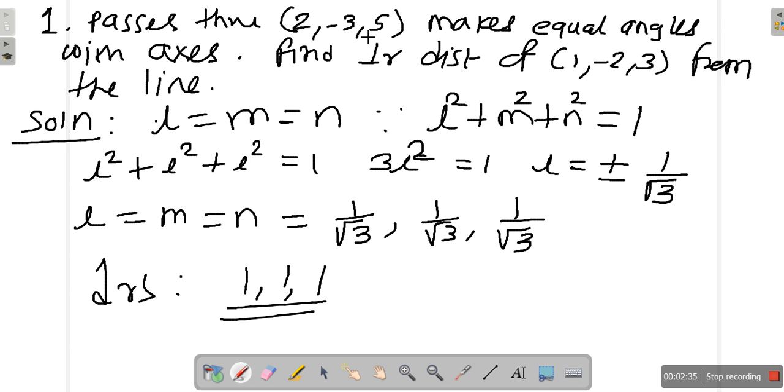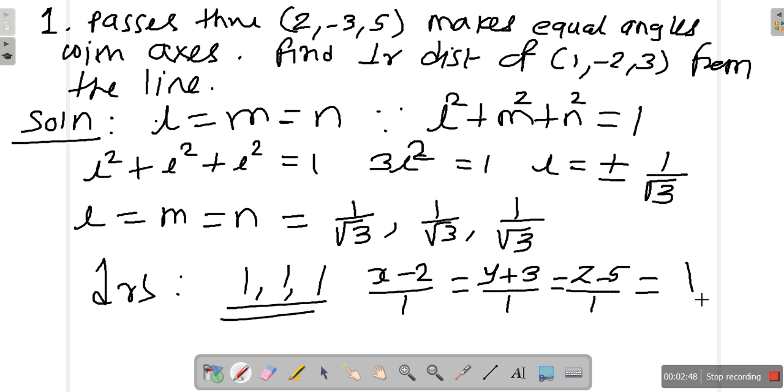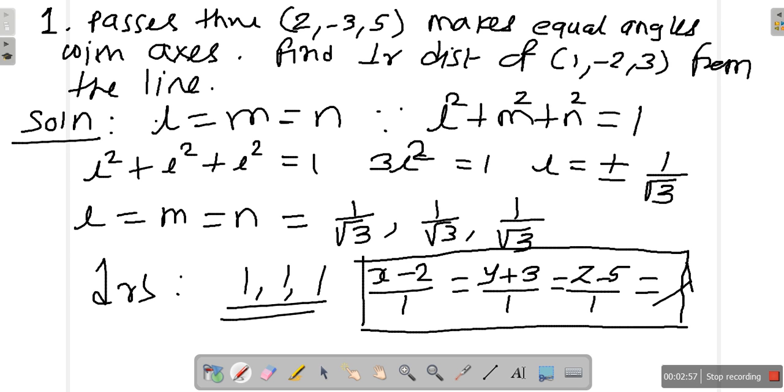It is passing through (2, -3, 5), so the equation of the line will be (x minus 2) upon 1 equal to (y plus 3) upon 1 equal to (z minus 5) upon 1 equal to lambda. This will be the first step. We have obtained the equation of the line.